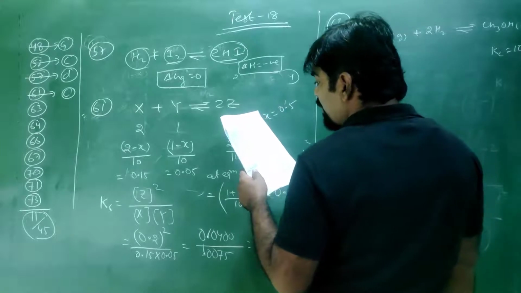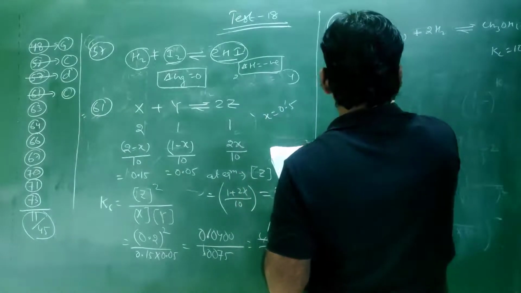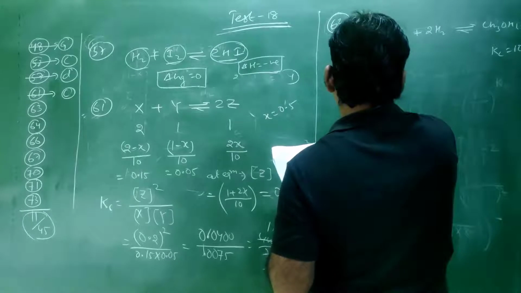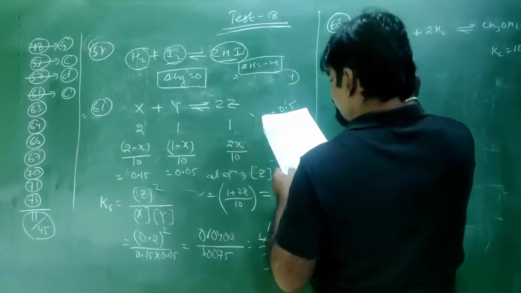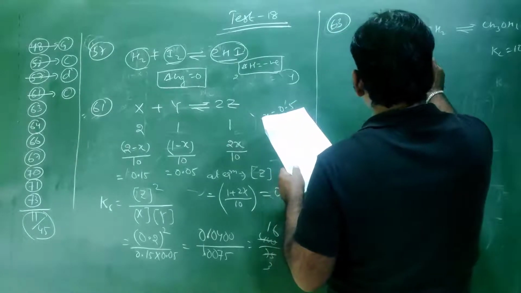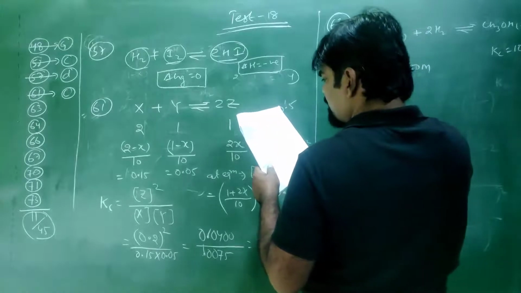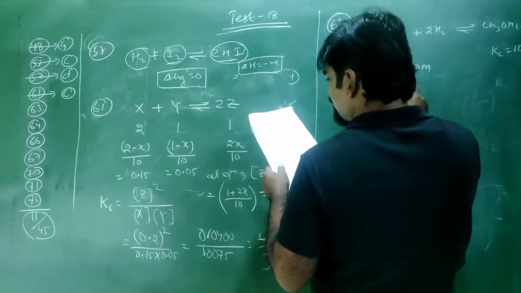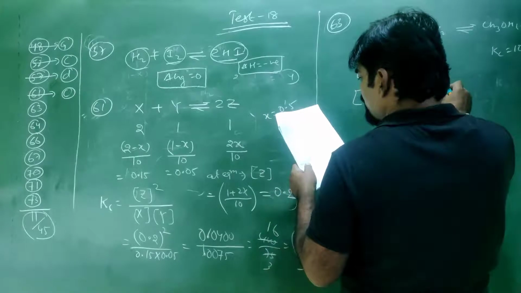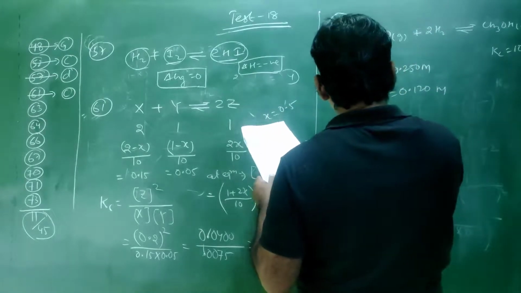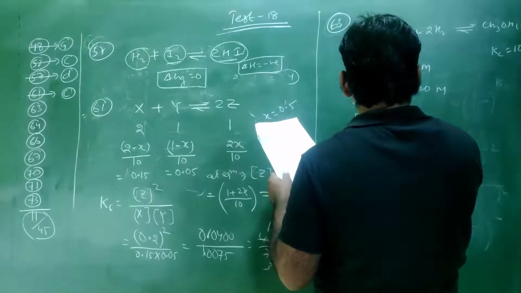A system at equilibrium has the equilibrium concentration of CO as 0.250 molar and the equilibrium concentration of H2 as 0.120 molar. Then find out the equilibrium concentration of CH3OH.